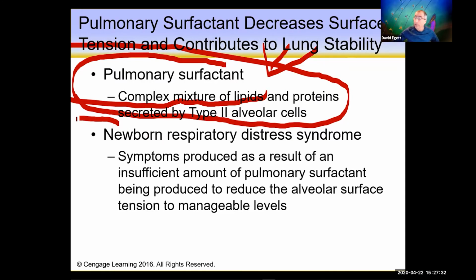And also preemies. Preemies don't have enough of it, which is why you have to put them on a ventilator. They can't breathe on their own because it's too much work to inflate their lungs without the surfactant. So if a baby is born prematurely, they actually spray its respiratory passages with surfactant and then put it on a little ventilator.